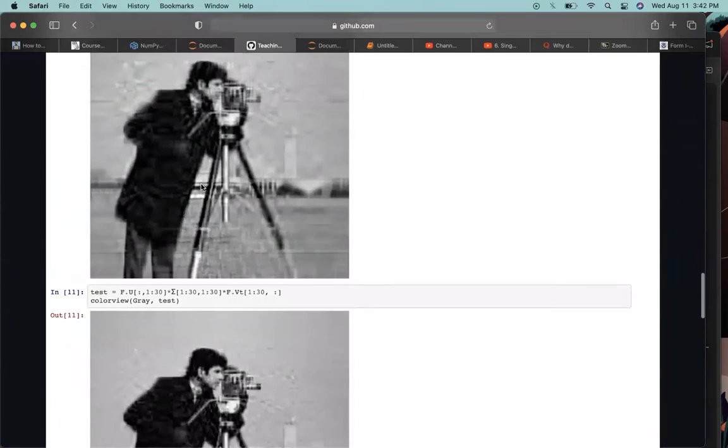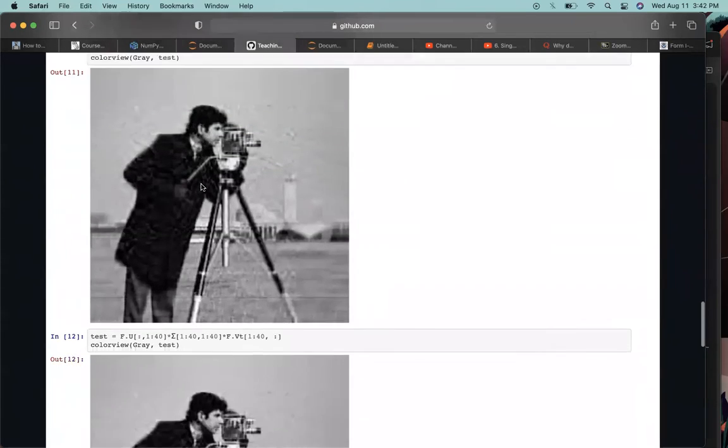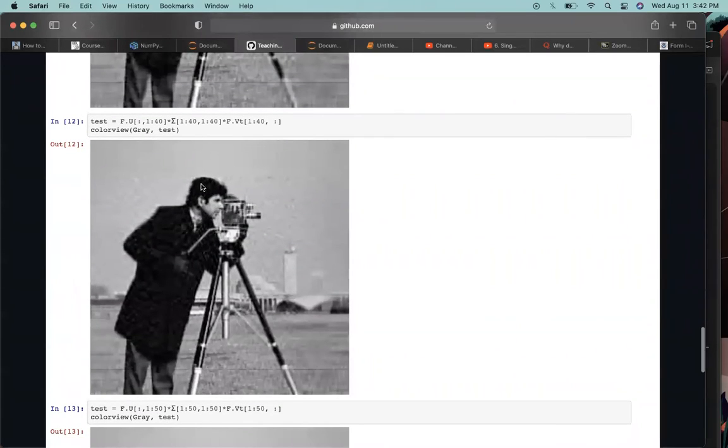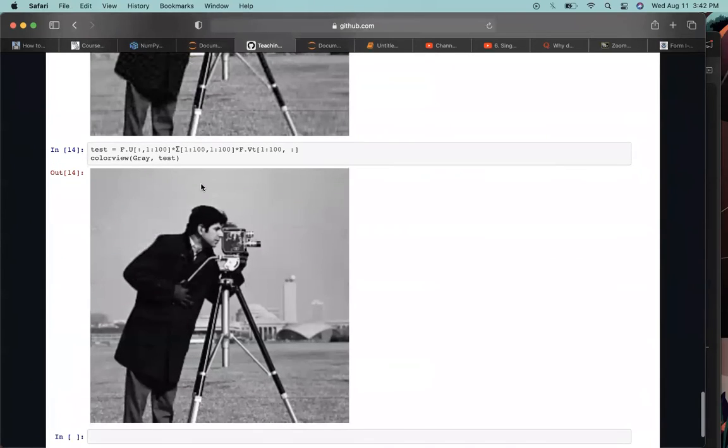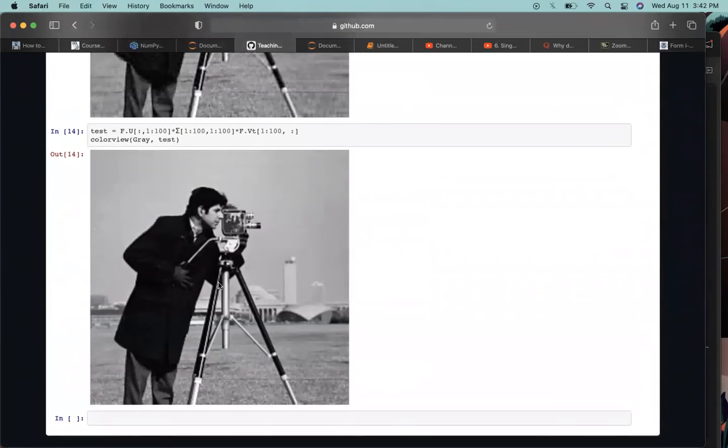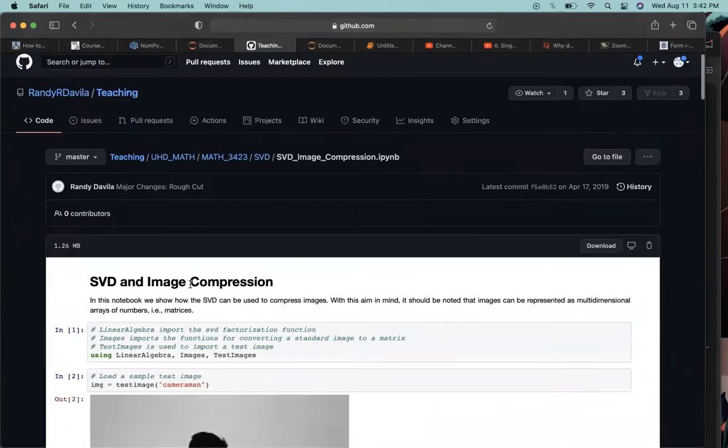This is what the resulting matrix will look like once you convert it back to a picture. What about the first 20? First 30? 40? 50? 100? That's basically good enough for me. Look at that picture, and then look at the original picture.